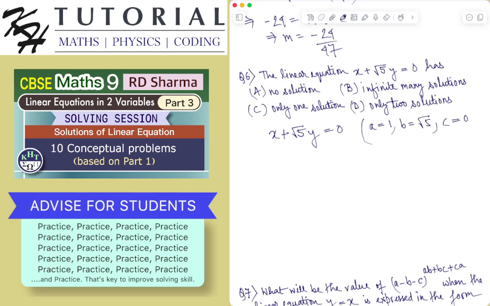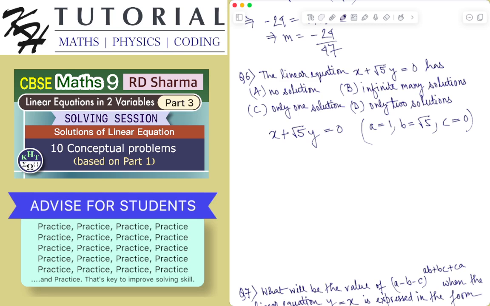Even though it is not important to figure out what a, b, and c are, the concept is that any linear equation in two variables x and y always has an infinite number of solutions. Always remember this. The form could be anything.